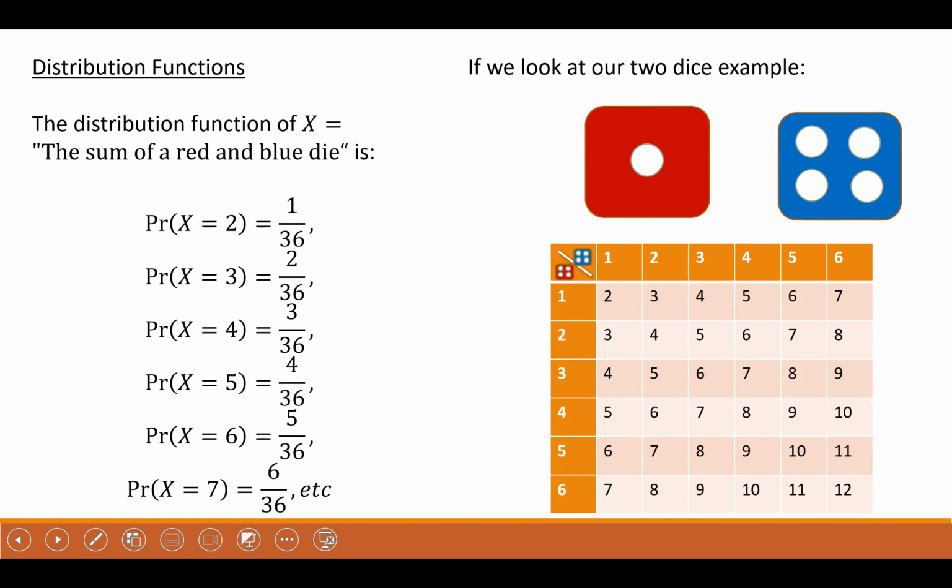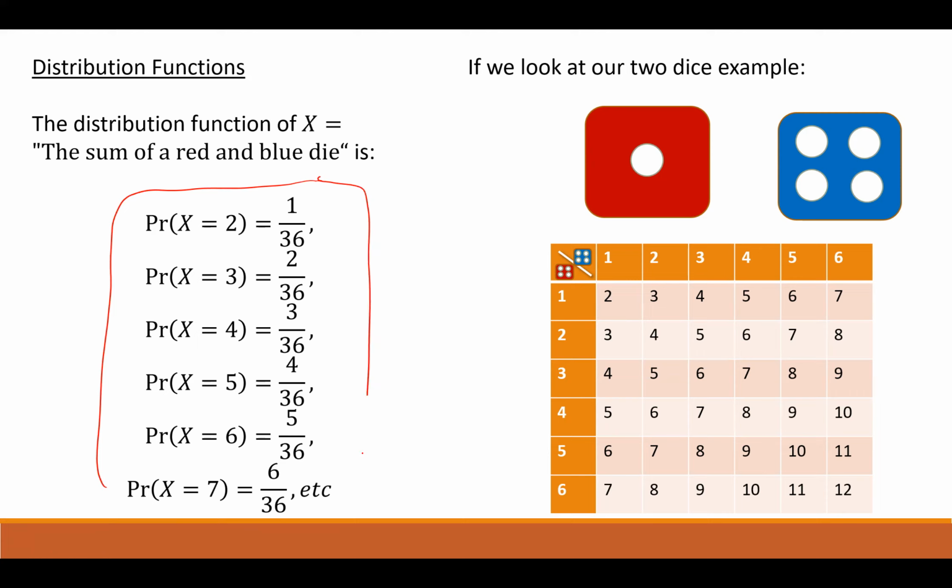So if I roll 2 dice is my experiment, and my random variable X is the sum of my 2 dice, the red and the blue die in this case, then the listing of all of the events and their probability is the distribution function.